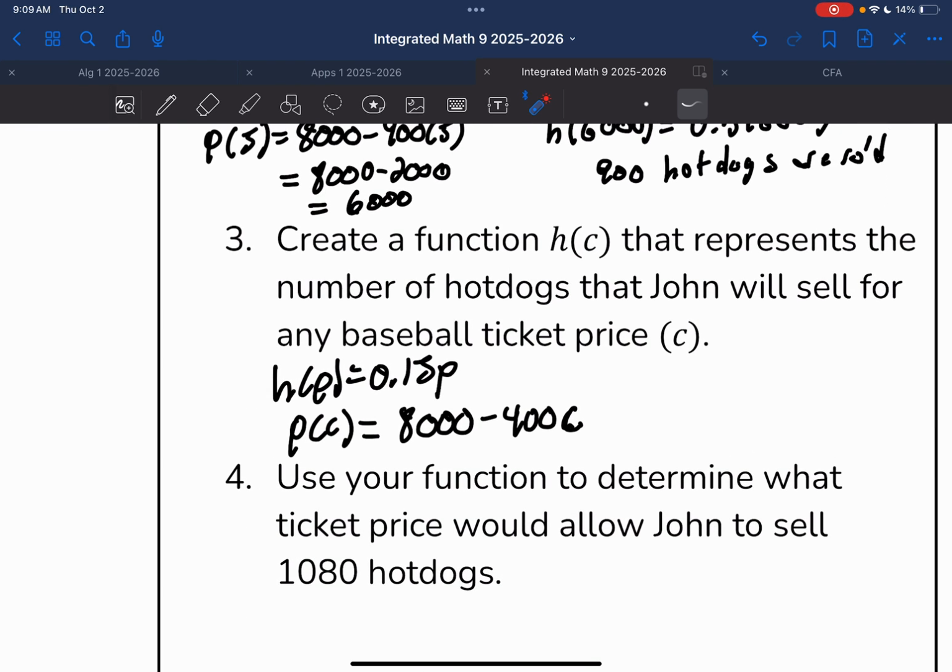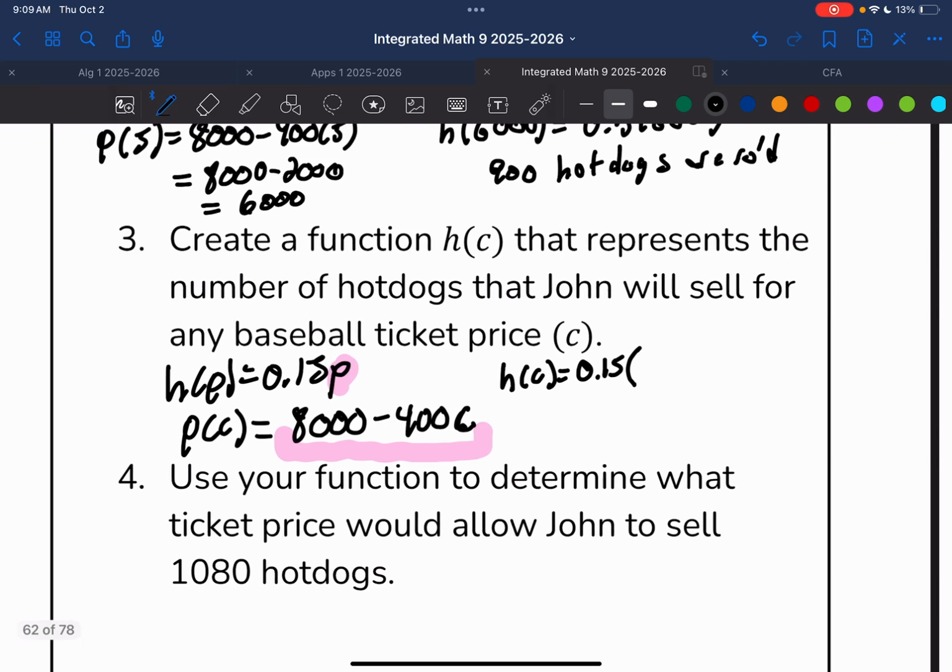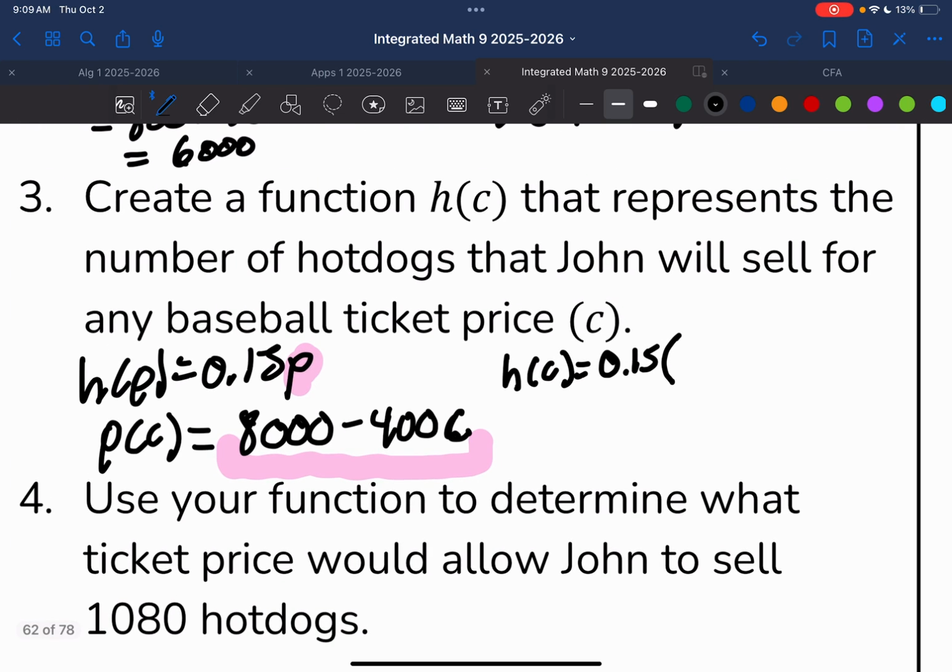So if we want to combine this, well, we know p is going to be the result of when we plug c into this function. So we can rewrite h of c by taking 0.15 when, instead of writing p, right, ordinarily we would write p there. Instead, we're going to write our function of c. So instead of multiplying 0.15 by p, we're going to multiply 0.15 by the function p, which itself takes c as an input.